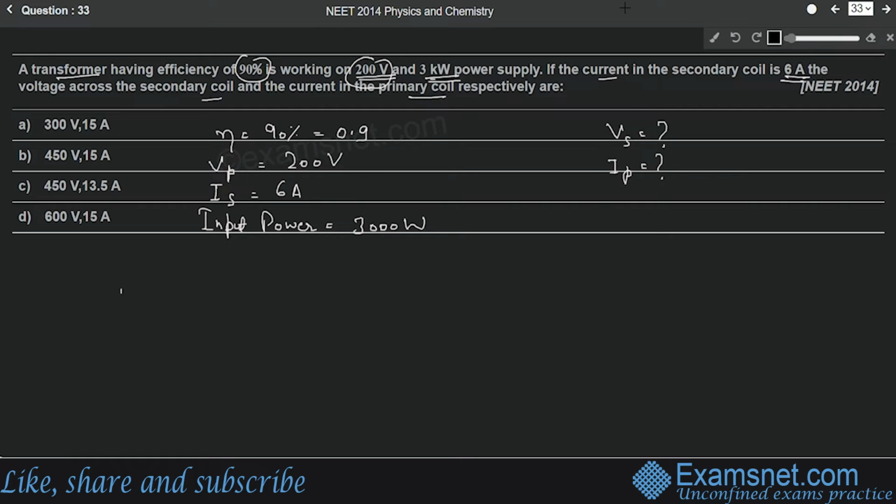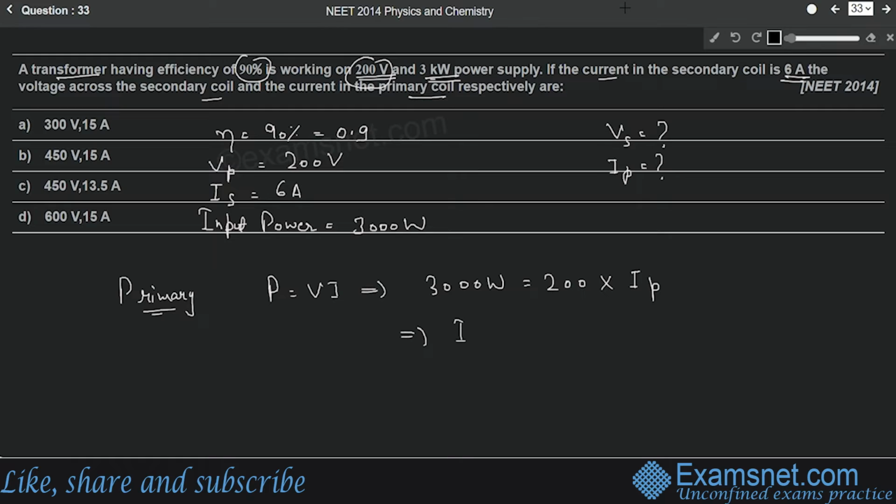So let's first talk about the primary coil. Here we know that power is equal to voltage into current, and the input power is given as 3000 watt. Input voltage is given as 200 volt. So we can find out the input current, or the current in the primary coil, from here.